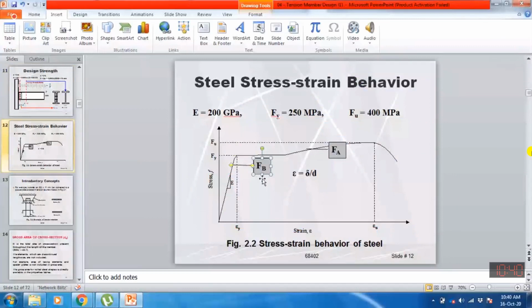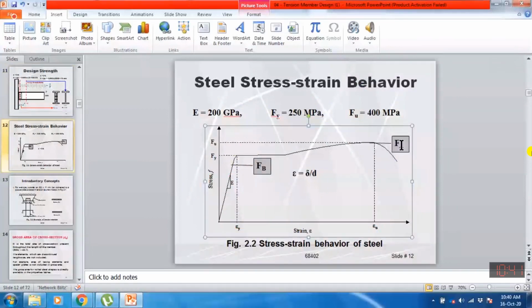And if I keep on increasing the load, in that case the stress at the net area approaches the ultimate limit as I keep increasing the tensile force, but the stress at point B or section B, the gross area, has not approached yielding.